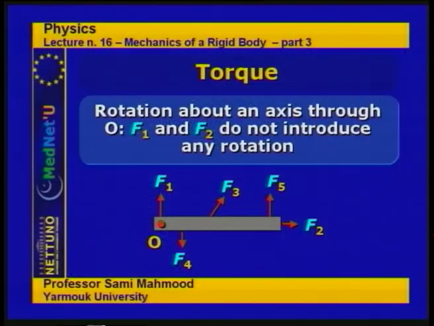Similarly, the force F2, for example, which is exerted at the other end of the rod but is directed along the rod such that its line of action is again passing through the pivot point, also does not introduce any rotation in the object.